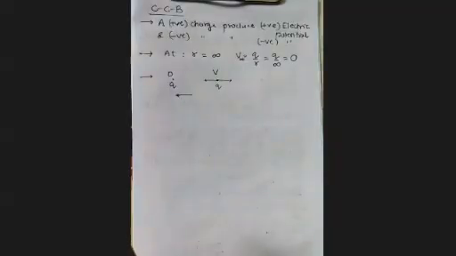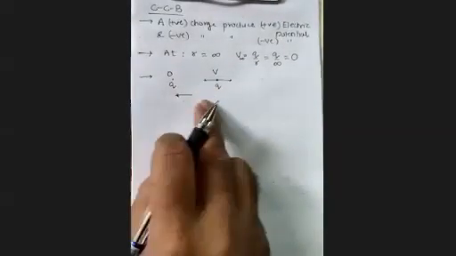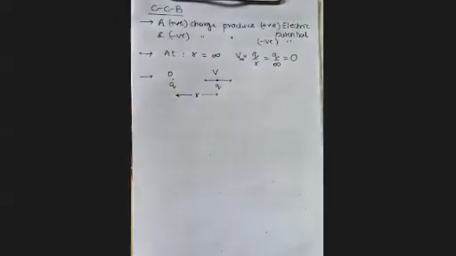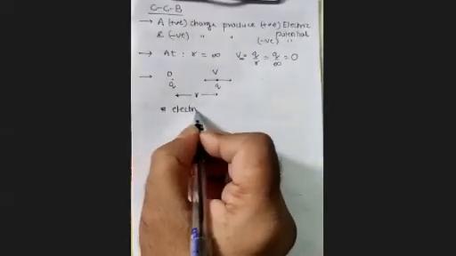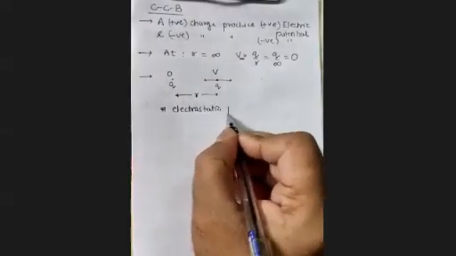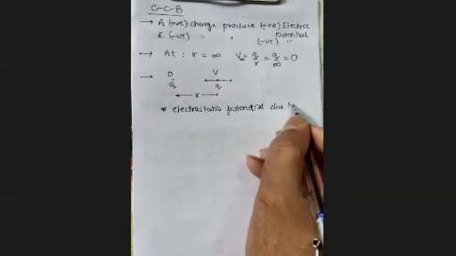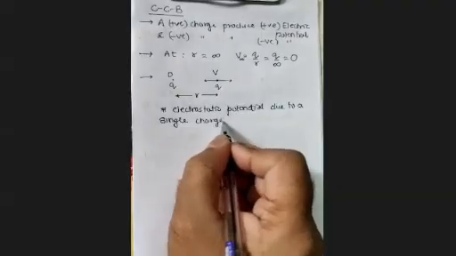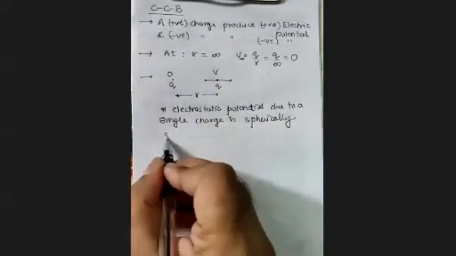So at any point at a distance r from the point charge q, the value of v will be same and it is independent of the r. उसको r से कोई लेना देना नहीं होगा डायरेक्शन वाइज. इसीलिए आप बोल सकते हो कि इलेक्ट्रोस्टैटिक पोटेंशियल ड्यू टू अ सिंगल charge is spherically symmetric.